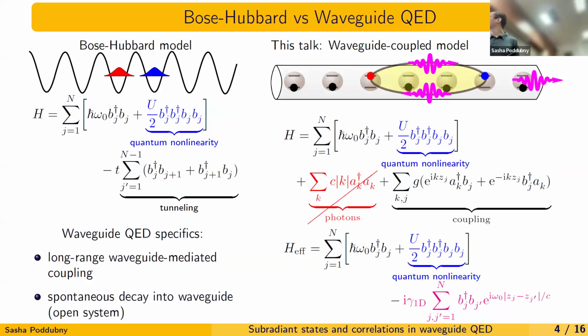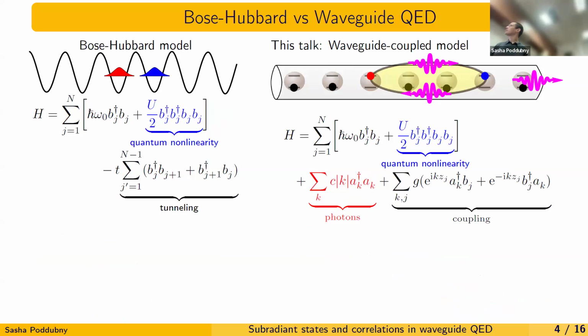Now, what is so special about it? I'm not going to build a quantum computer, I'm going to study some physics. So, okay, a one-dimensional system, what's so interesting in this physics? I want to compare it, let's say, with the Bose-Hubbard model. You have some anharmonic traps, and then you have your nearest neighbor tunneling.